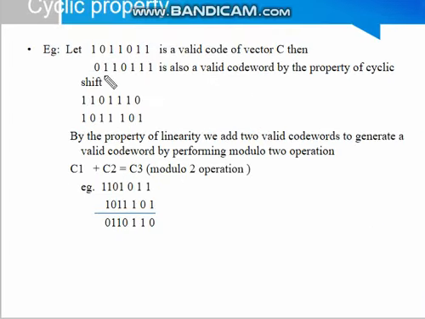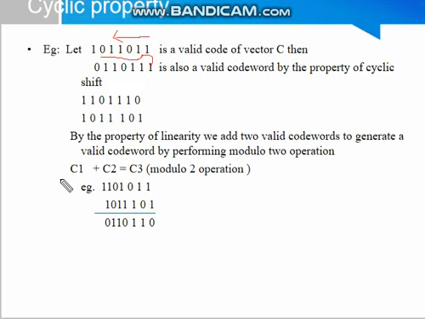Let me take an example, that is, let 101111 be a valid code word. Then by shifting the bits by one bit towards left in a cyclic manner, we get a new code word 01101111. So this code word which is generated is a valid code word by its cyclic property.